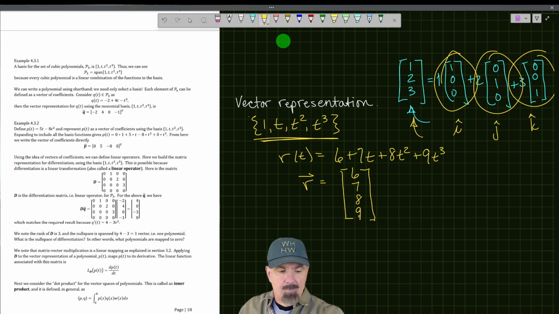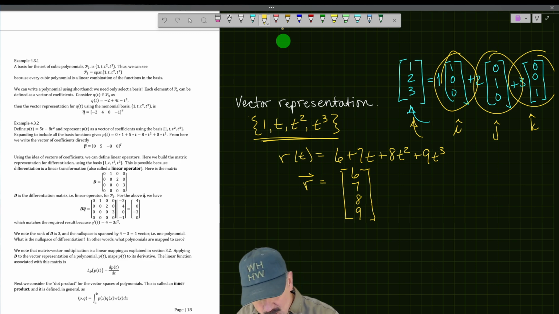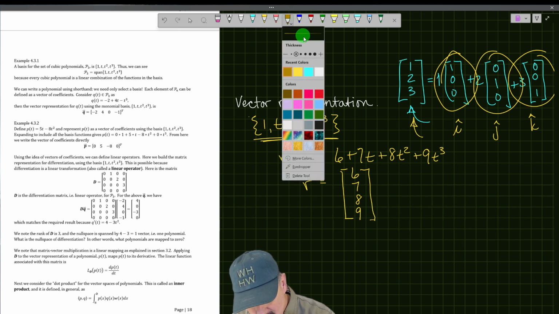And if I had a different basis, I would have a different vector, because the vector is driven by the basis that we've selected. So what would be another basis? Let me just give you a simple example. I'm going to switch this pen back to our green, except the green's gone, so that's fine.